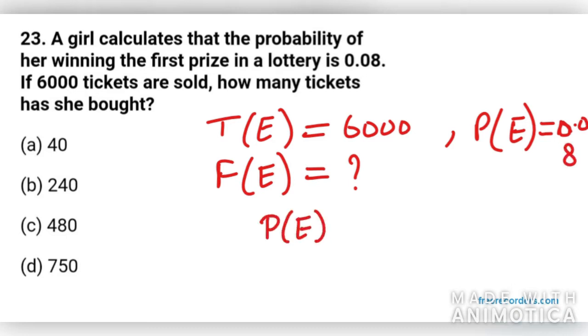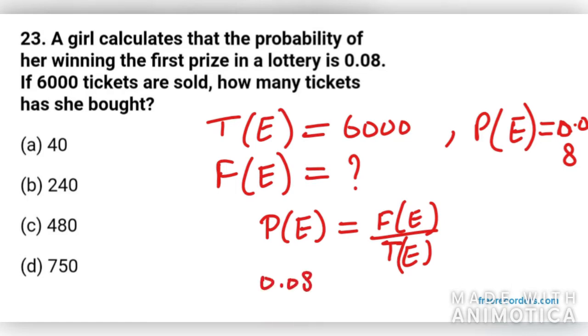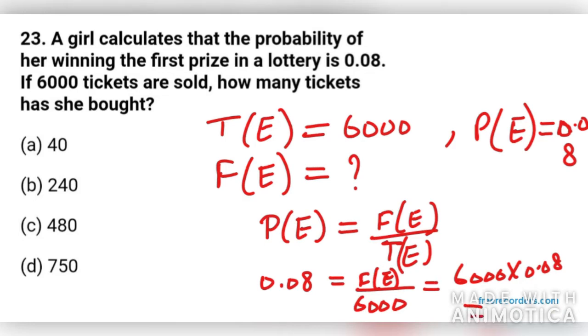The formula for probability is FE over TE. Putting in the values, PE is 0.08, FE is unknown, and TE is 6,000. So 6,000 into 0.08 gives us FE. It will be 480. That means the right option is C.